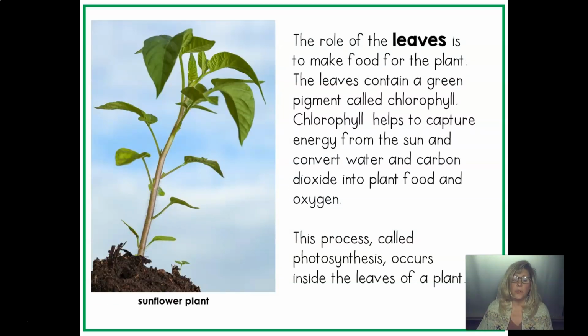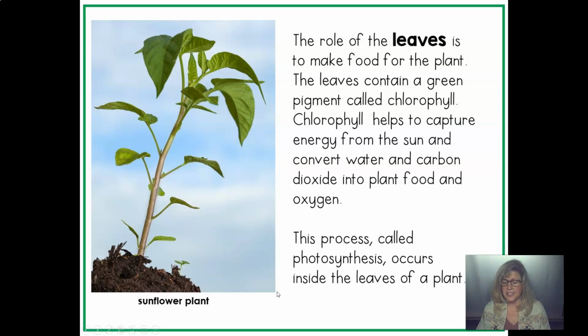The role, or the part that it plays, the role of the leaves is to make food for the plant. The leaves contain a green pigment called chlorophyll. The chlorophyll helps to capture energy from the sun and convert water and carbon dioxide into plant food and oxygen.